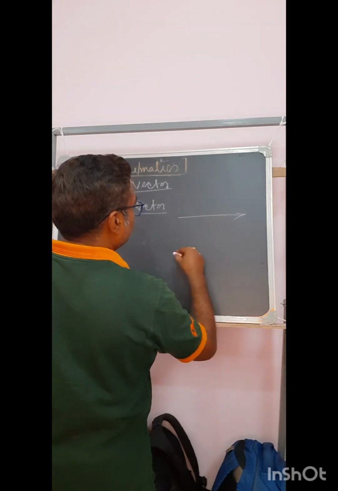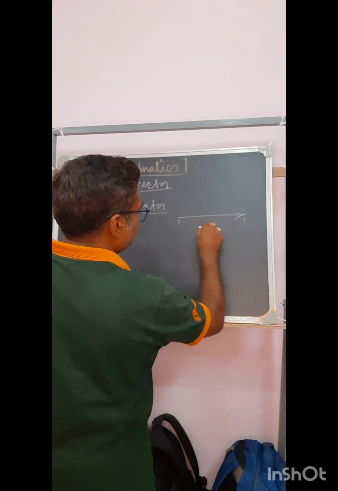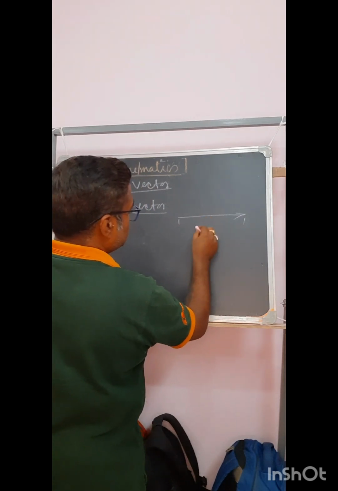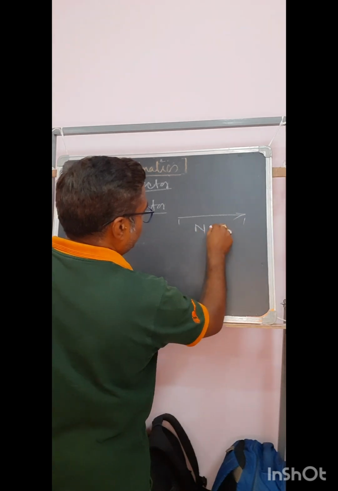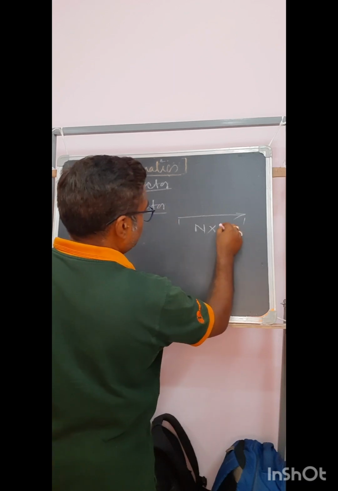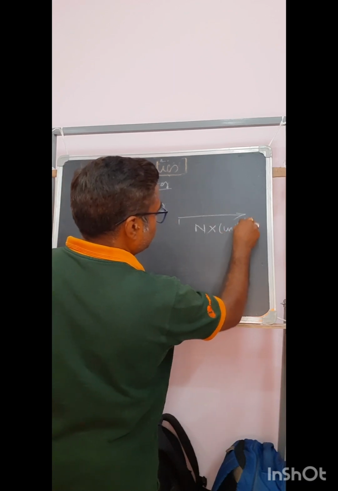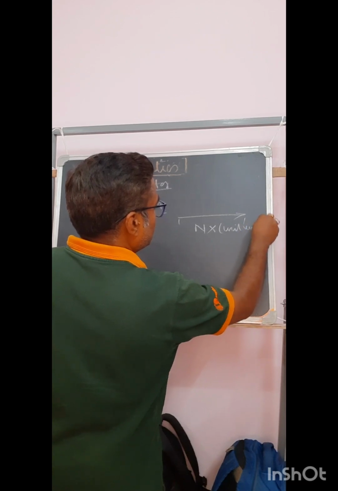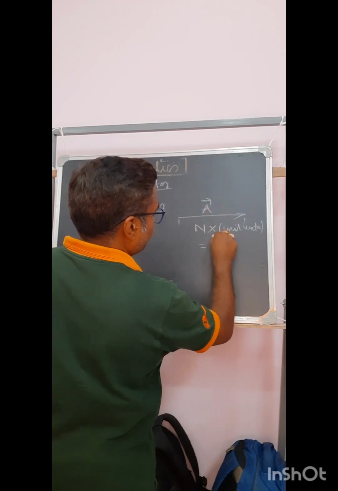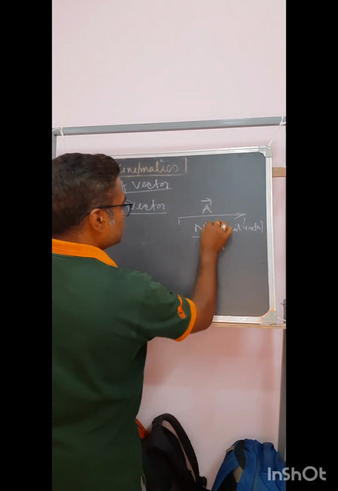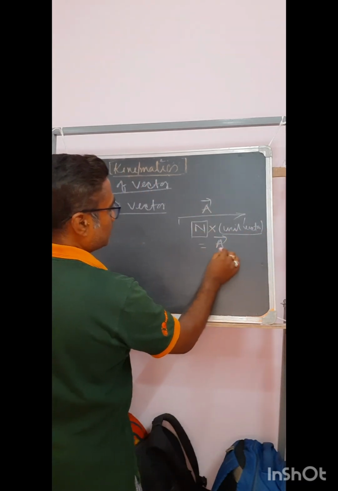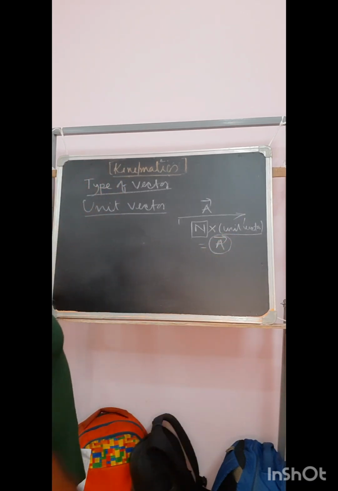This is a vector, so it has a magnitude. The magnitude is represented by a numerical value, let's say n, and if it is multiplied by a unit vector, it will turn into a vector, let's say a. So this is numeric, this is scalar. This multiplied by the unit vector will become a complete vector.